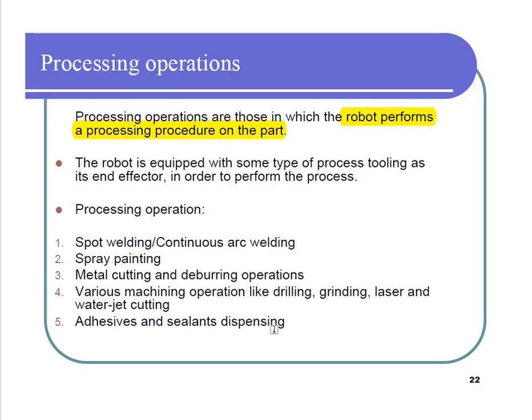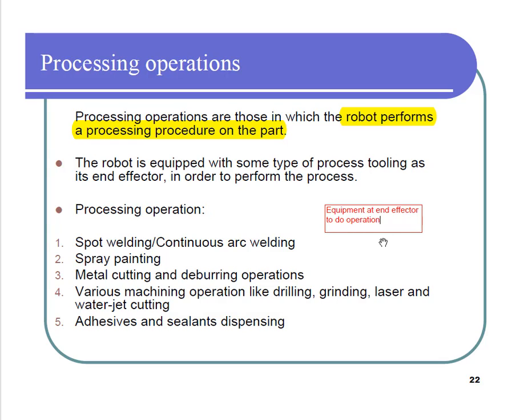So you are putting some kind of equipment at the end effector of the robot, and that equipment is being used to do the operation, like the spot welding. You're putting a welder at the end effector. If spray painting, you are putting a spray gun, for example, at the end effector.